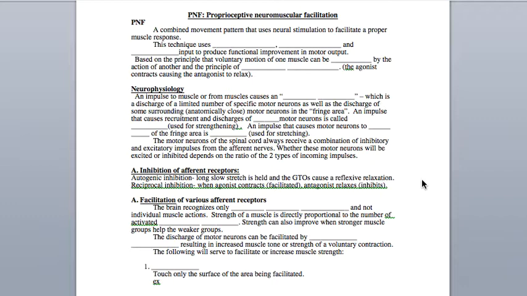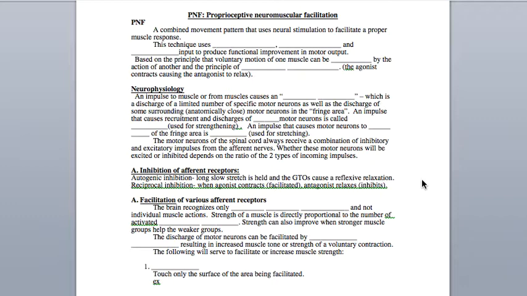An impulse can cause recruitment and discharges of more motor neurons, and it's called then facilitatory. So if we have more motor neurons, it's facilitatory. We want that for strengthening. An impulse that causes motor neurons to drop out of the fringe area is inhibitory, and it's used for stretching.